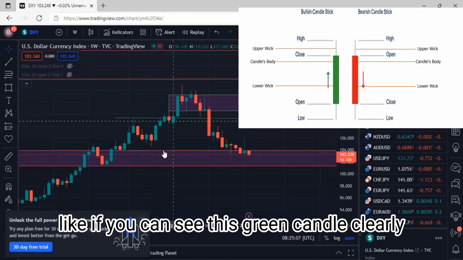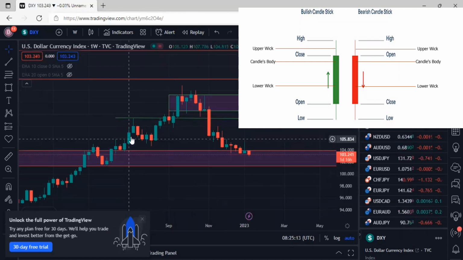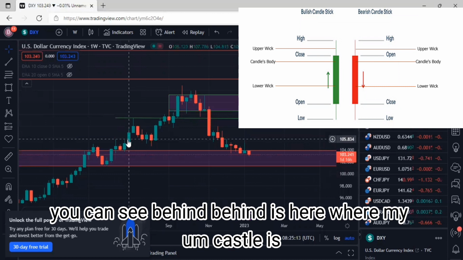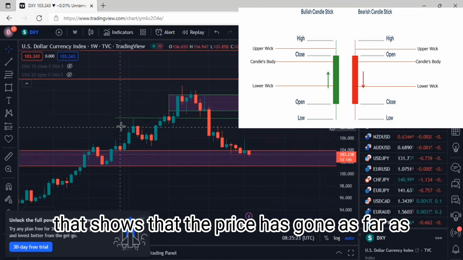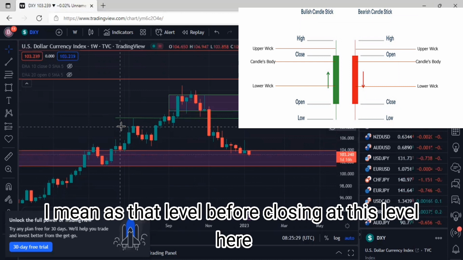If you can see this green candle clearly, you can see the high. The high is here, where my cursor is. That shows that the price has gone as far as that level before closing at this level here.